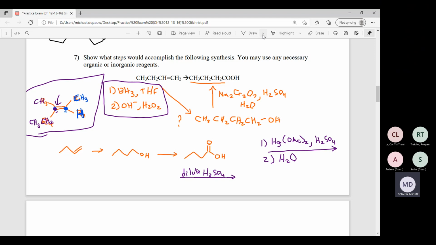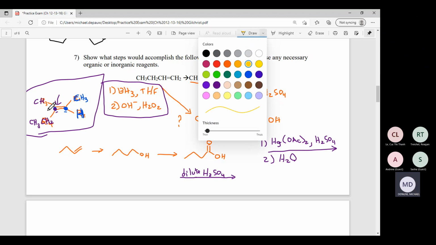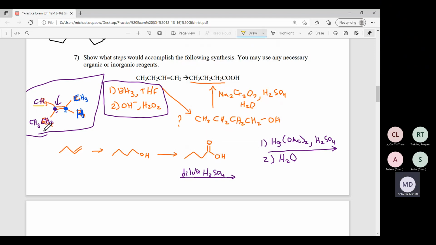The carbon over here is a primary, and this one down here, the CH2, is a secondary. It's only attached to 2 carbons. So a tertiary carbocation is going to be the most stable carbocation, and therefore there's going to be no rearrangement here. That carbocation will stay there until the water comes in and puts the OH group on it. So with that one, I could use dilute H2SO4, no problem.